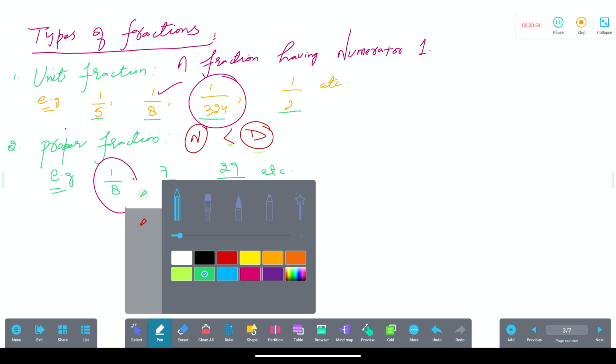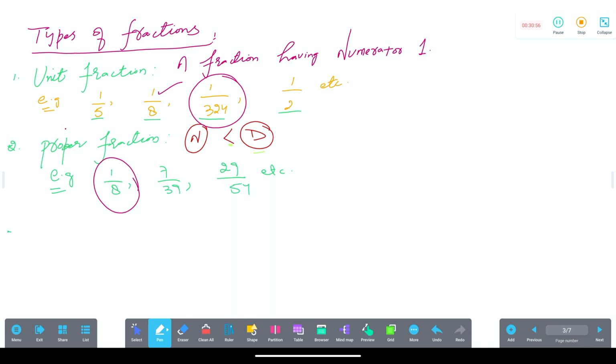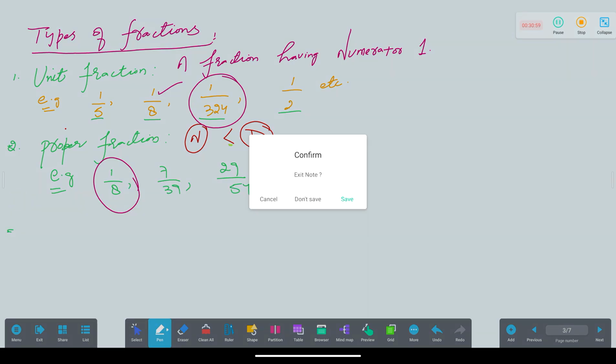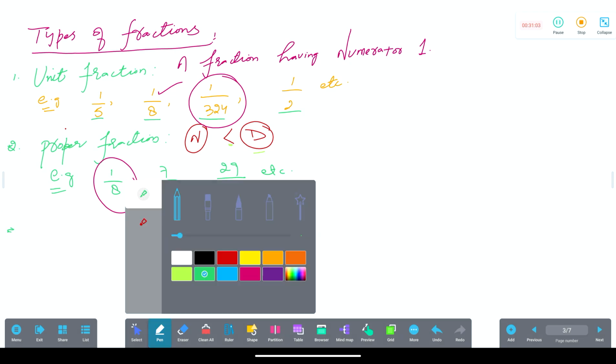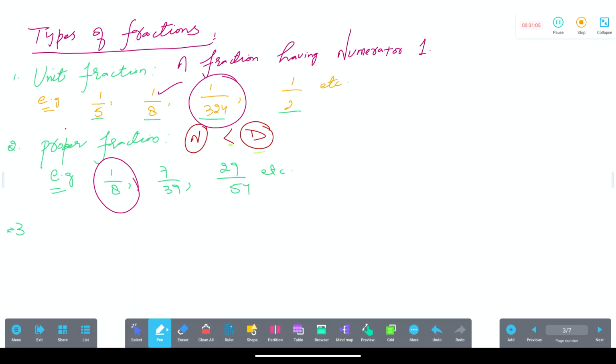So the third type of fraction is the improper fraction.